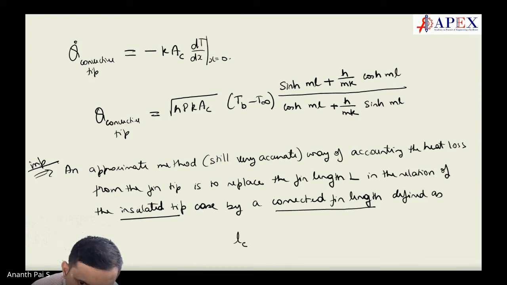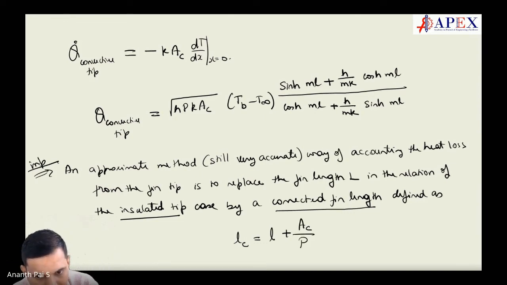Lc is equal to L plus A c by P, where P is the perimeter. Very good.